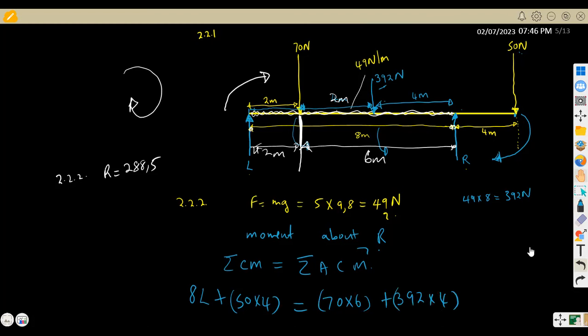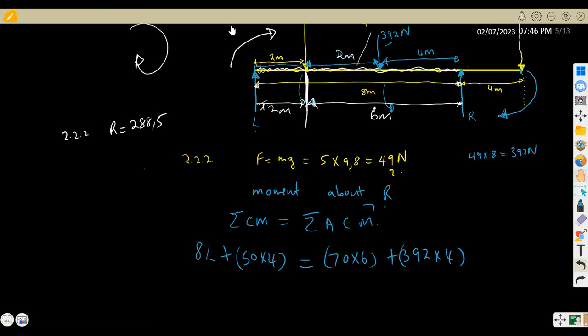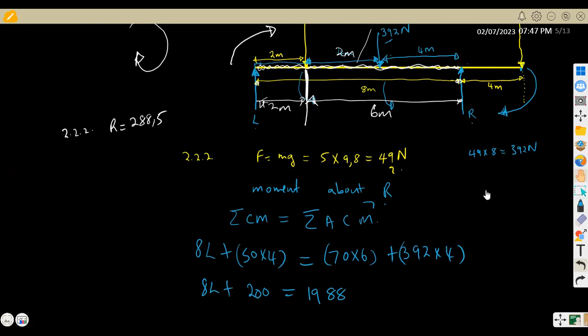All right, so if you are to combine everything, let's see what you're going to have. Here you've got 8L plus 50 times 4, which is going to be 200. Then you combine everything here. We are going to obtain something like 1988. So I want you guys to use your calculators properly.